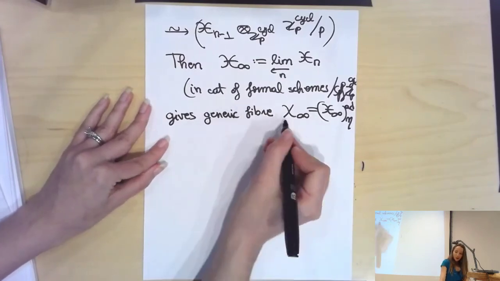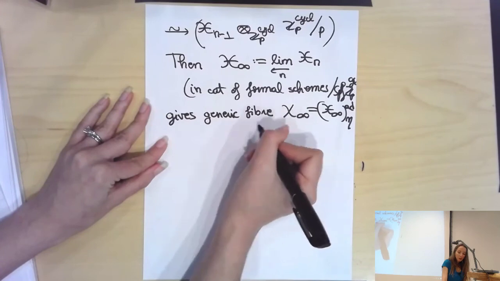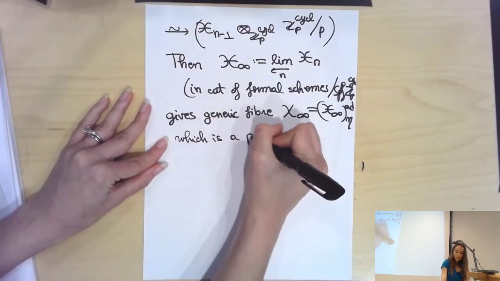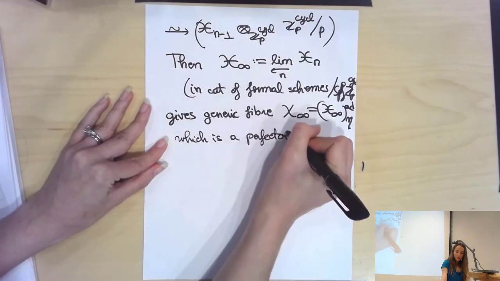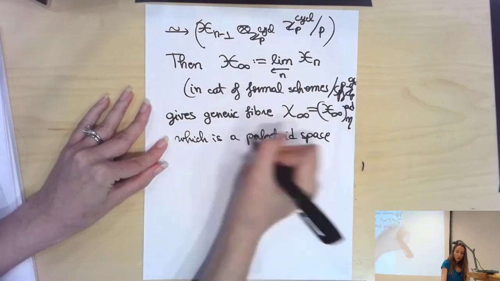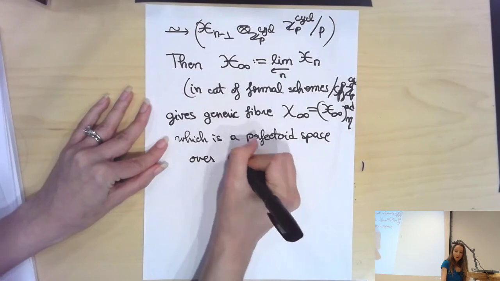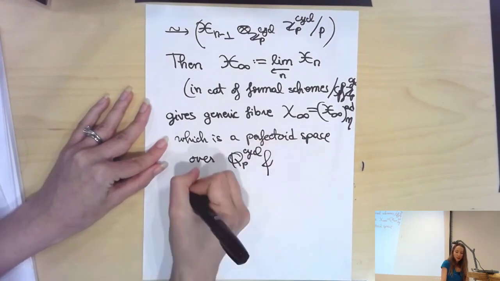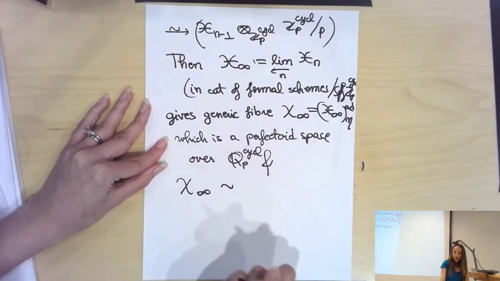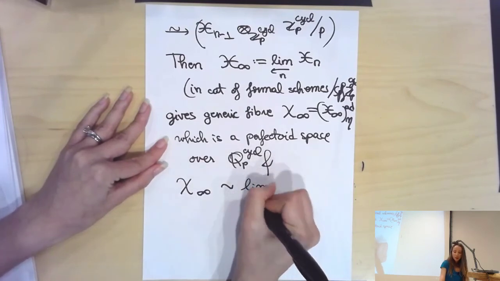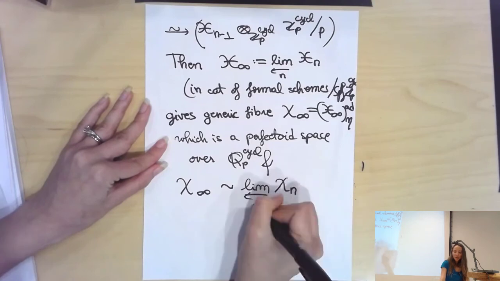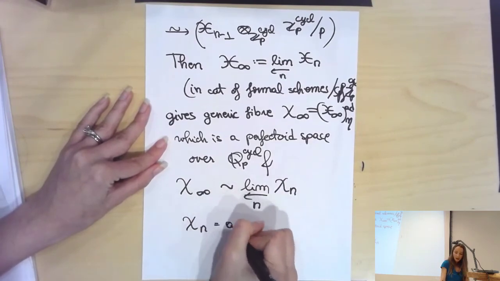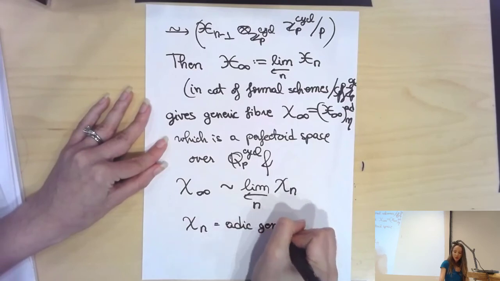So it gives this, which is a perfectoid space over Q_p cyclotomic, and moreover, which is similar, in the sense that I explained earlier, to the inverse limit of the adic generic fibers of the formal schemes X_n.